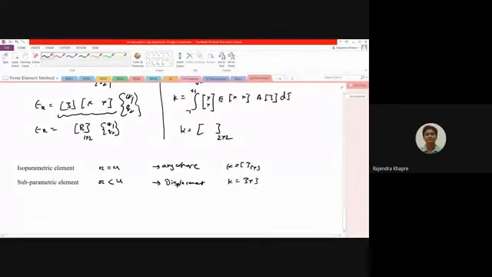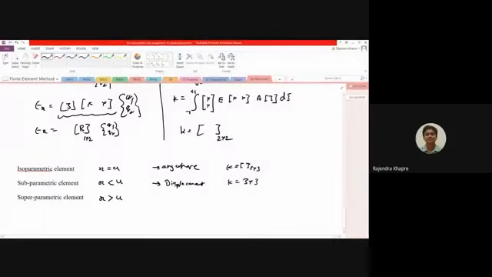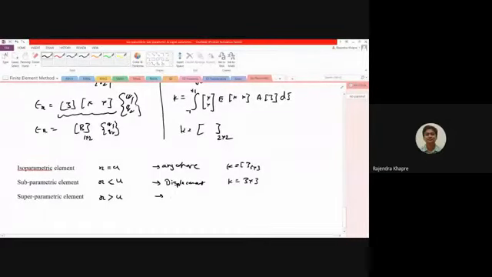Now if you want to use a super parametric element, let me write down over here. Super parametric element means the order of x is greater than the order of u. Here the prime importance is given to the geometry.